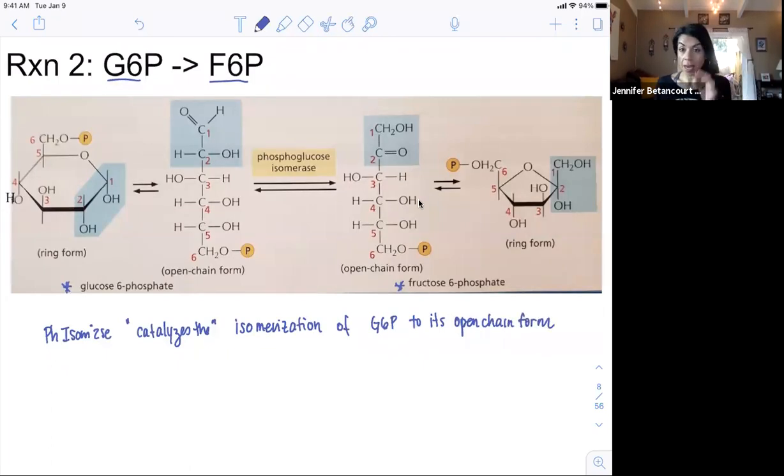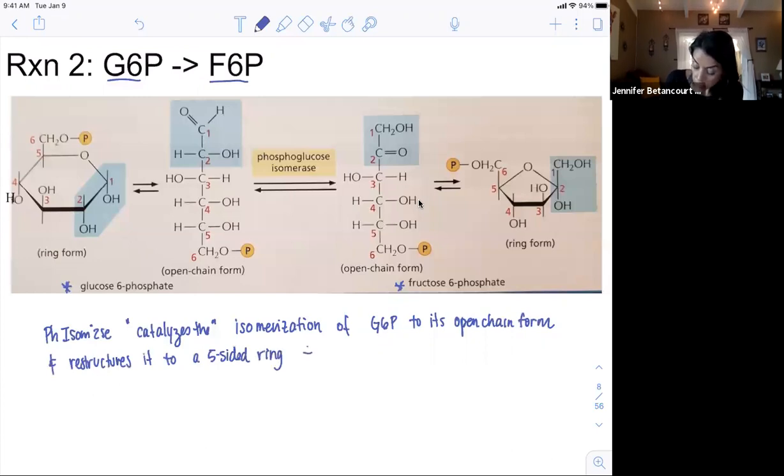So it opens it up, and then it recloses it, right? It restructures it to a 5-sided ring to make the product. The product is fructose 6-phosphate, and you would write that out.